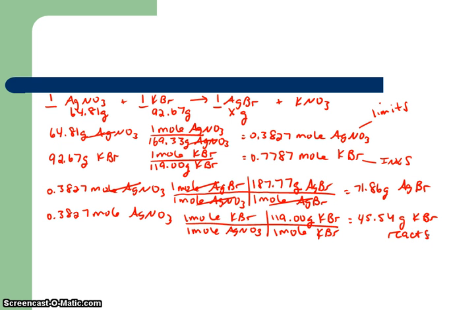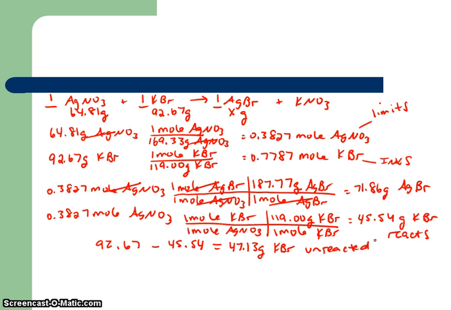So now I want to find out how much I have left over. Well, I started with 92.67 grams. I just decided that 45.54 grams reacts, so the rest of it is going to be left unreacted. 47.13 grams of potassium bromide is unreacted, or left over.